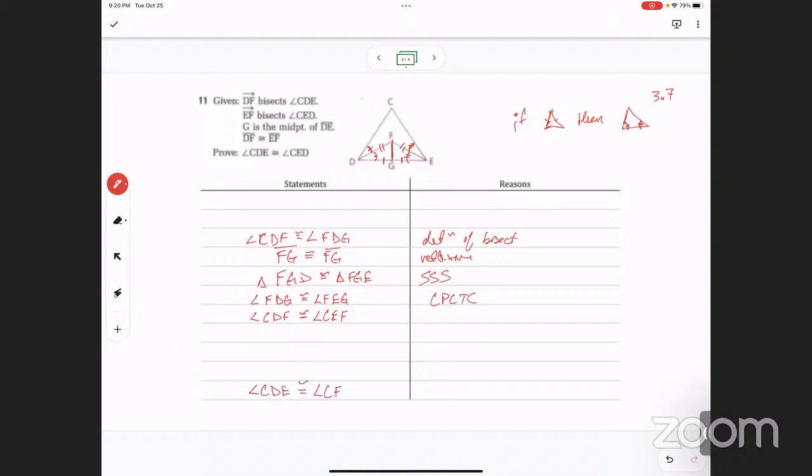Yeah, because you're going to have to add a couple of them together. Addition property, because you showed that these are equal to each other now. So then the full thing is equal to each other. Okay. I believe that's what you're going to have to do.